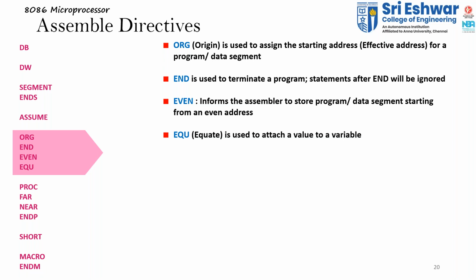END is used to terminate the program. EVEN is used to store the program or data segment starting from an even address. At an even address, I'm going to store the data. Next, EQU, equate, is used to attach a value to a variable, like a plus b is equal to 5. So this is equate.